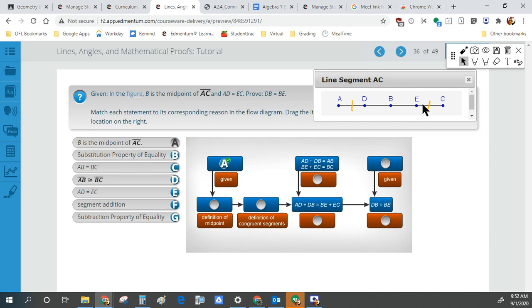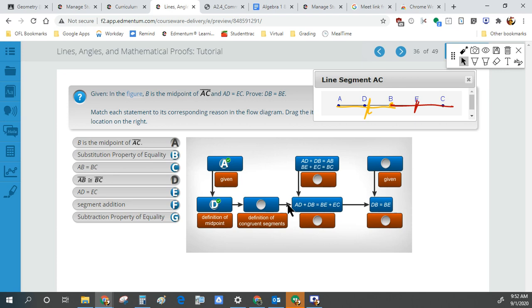All right. So if this is the midpoint, then we're saying that this line is congruent to this line. Why? Because the definition of a midpoint is right in the middle. It splits it in half. So we're saying that AB is equal to BC.